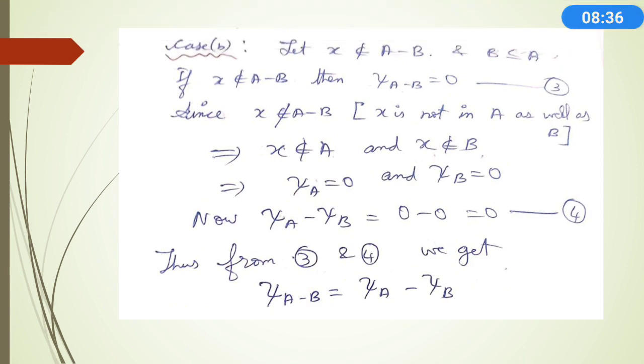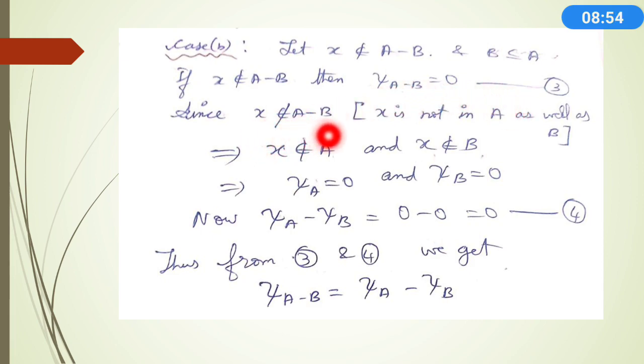So if x doesn't belong to A minus B, then by characteristic function definition, psi of A minus B will be what? 0. Again, just take this as equation 3.